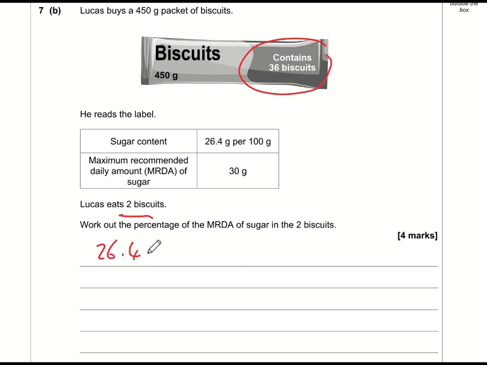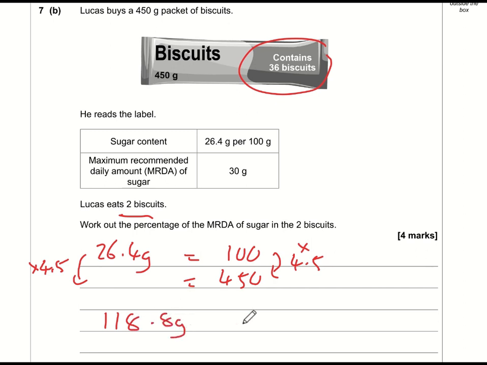So 26.4 grams of sugar is for 100 grams in total, and we know it's 450 grams in total, so that is 4.5 times more than 100. Therefore, we need to multiply the 26.4 grams of sugar by 4.5, and 26.4 times 4.5 is 118.8 grams, and that is the sugar in the pack.